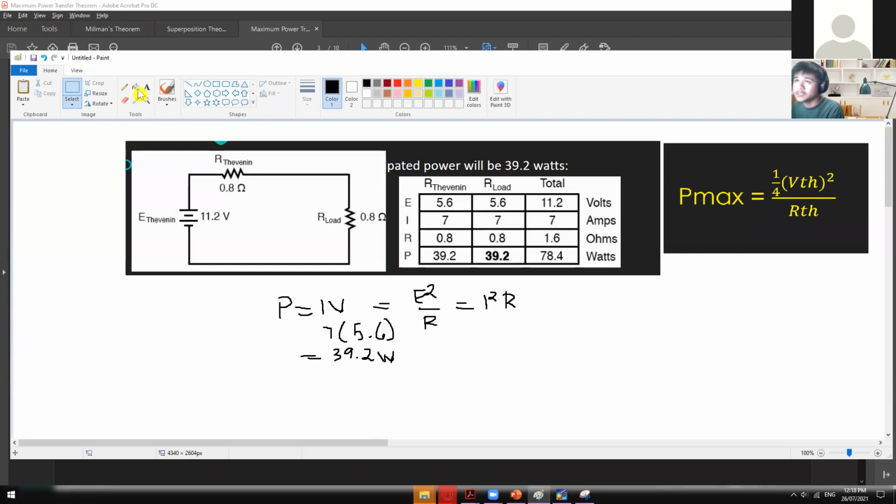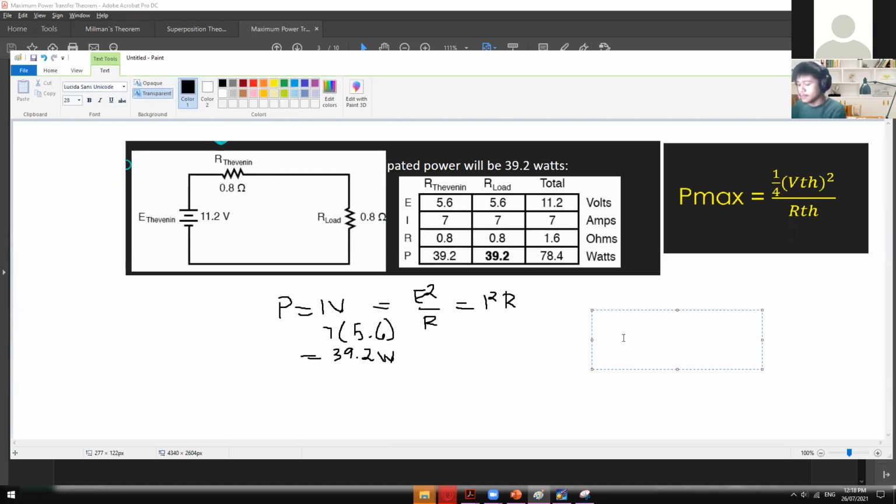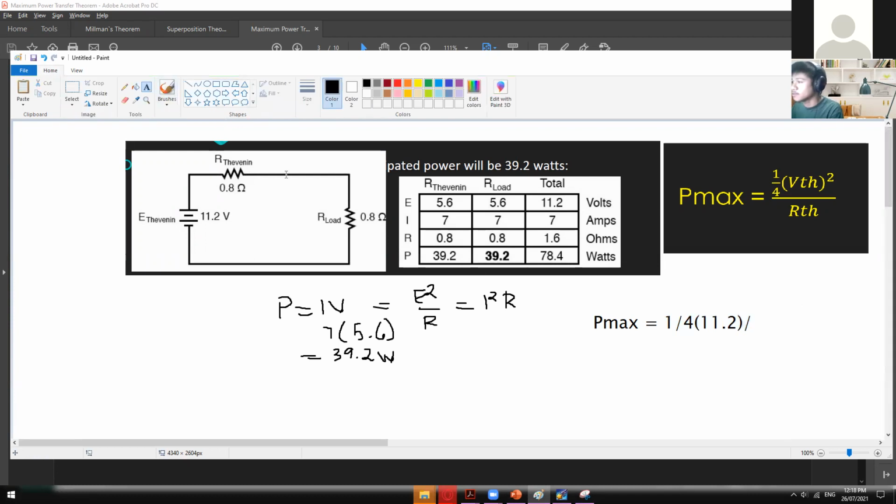We will use this formula: Pmax is equal to 1/4 times VTH, which is the E Thevenin, so it's 11.2, divided by... it's messy already, so let me just use the brush tool, since I can't place it at the bottom.